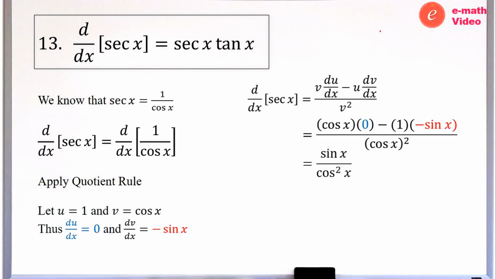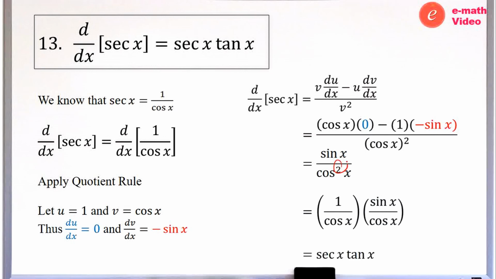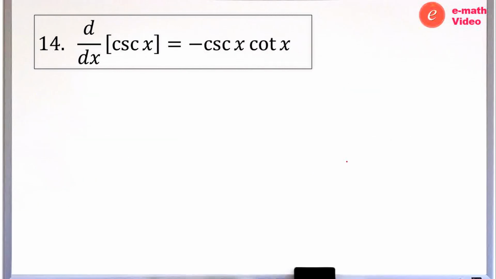Simplify, we'll get sin x over cos squared x. But I don't want this square. I want 1 over cos x, because 1 over cos x is secant x, and sin x over cos x is tangent x. And this is the derivative of secant x. Number 13, proven.